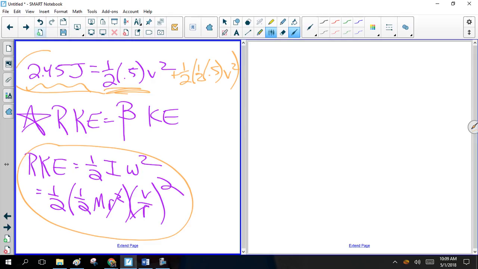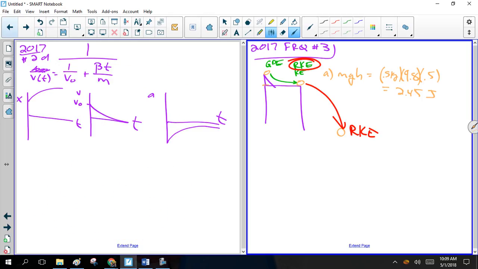Stop and think. How did I get that 2.45 joules? Anthony? Good. Yeah, when I found this GPE, I just used this as my height, right? So the idea is the total energy here is going to be equal to this GPE, right? Does that make sense? All right.